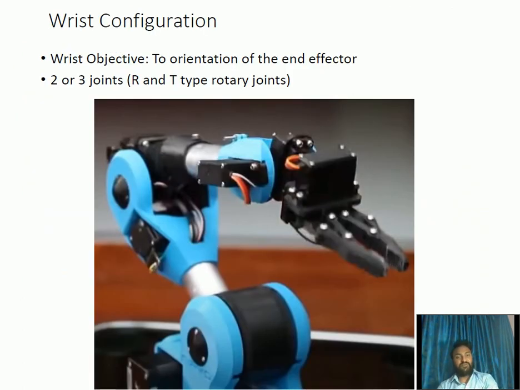So wrist configuration. Here you see the objective of wrist configuration: the orientation of the end effector. Orientation means how to set the end effector for a particular job. Suppose you are going to pick this pen.